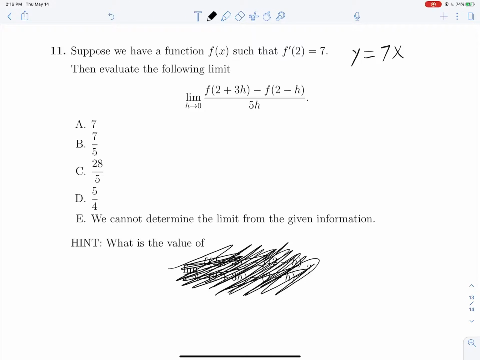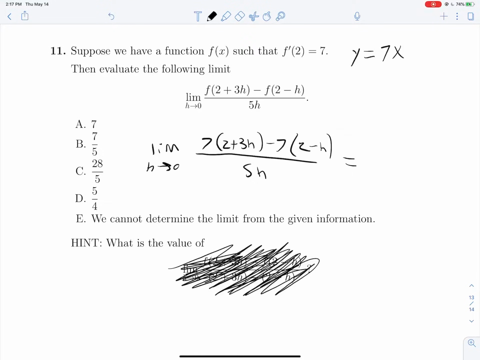And so what we can do here is compose our functions with 2 plus 3h and 2 minus h divided by 5h, and this problem will become incredibly easy incredibly quickly. This will be the limit as h approaches 0 of f of 2 plus 3h, so that's 7, and then we replace that x with 2 plus 3h, minus 7 times 2 minus h, over 5h.